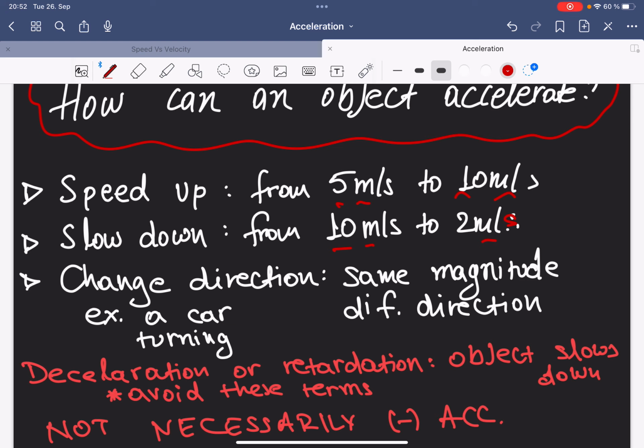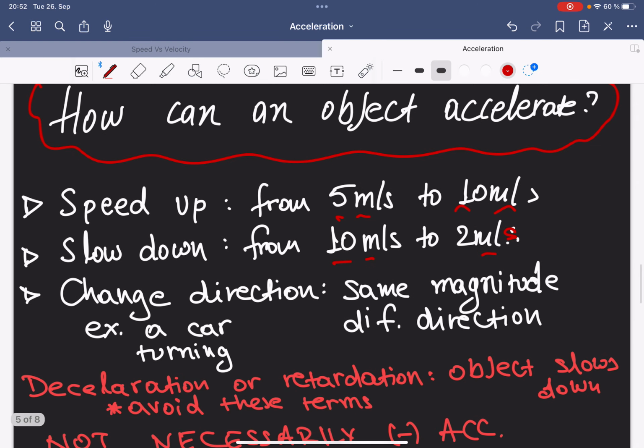And it has to do with the fact that acceleration is a vector quantity, which means if you want to create acceleration, you need to change what?